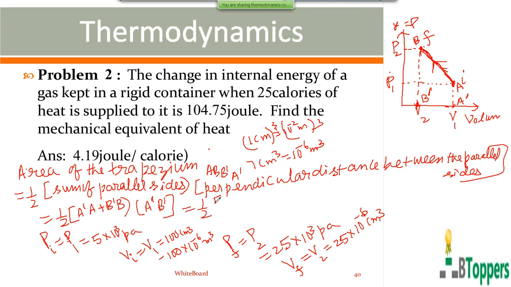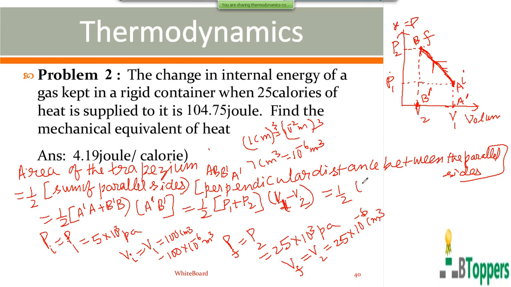That you can write as half into A dash A, which can be taken as equal to P1, the initial pressure, plus B dash B, which we take as P2, into A dash B dash, which you can write as V1 minus V2. Or in magnitude, V2 minus V1. This gives you the work done on the gas. So half into P1 plus P2.